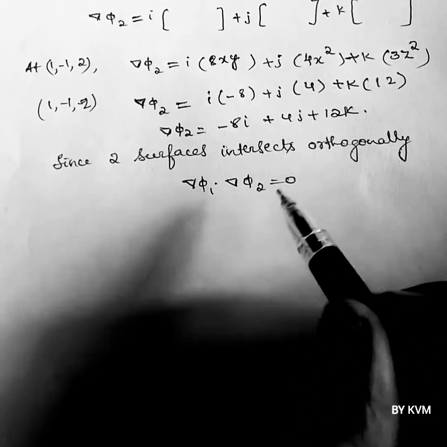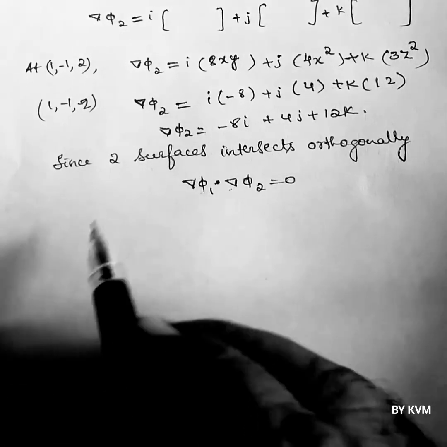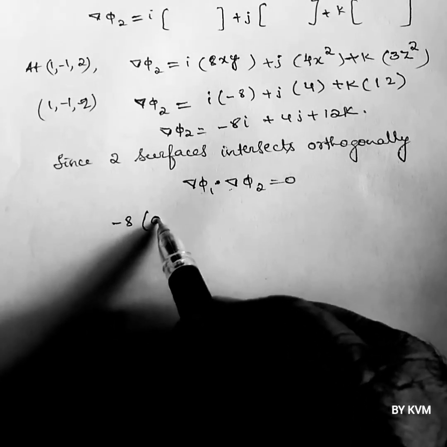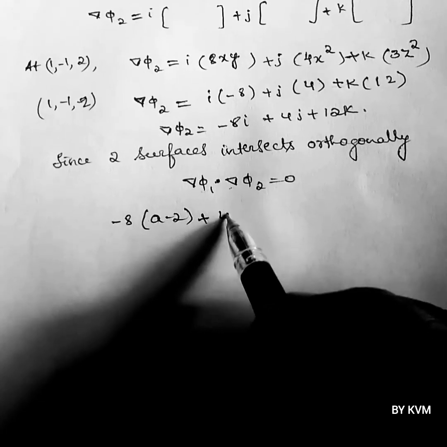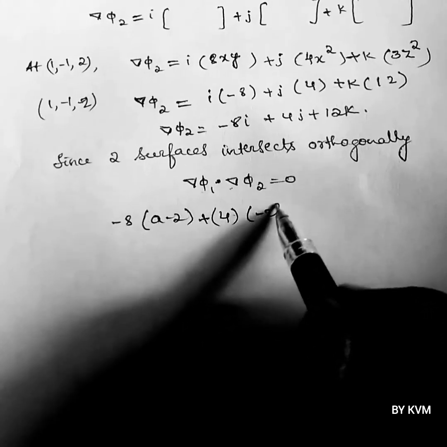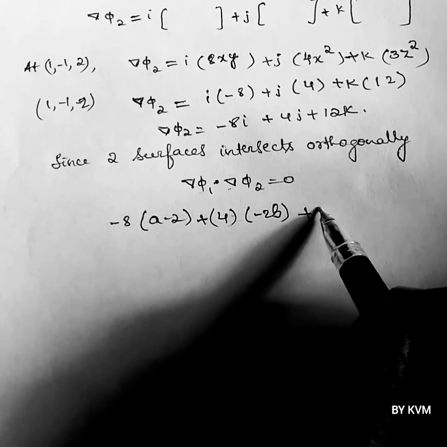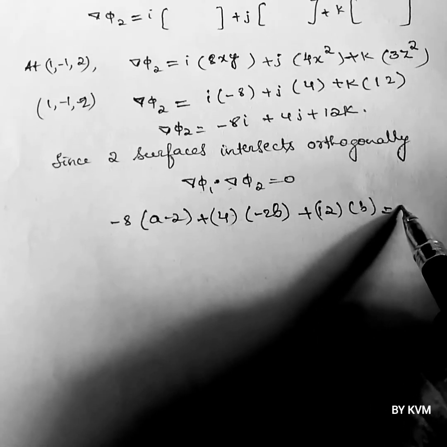So now since two surfaces intersect orthogonally, the condition is del phi 1 dot del phi 2 equals 0. So take the dot product of del phi 1 and del phi 2, we get coefficients of i minus 8 into a minus 2, plus coefficients of j 4 into minus 2b, plus coefficients of k 12 into b, equals 0.